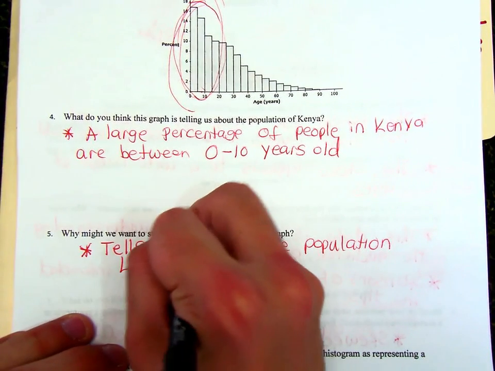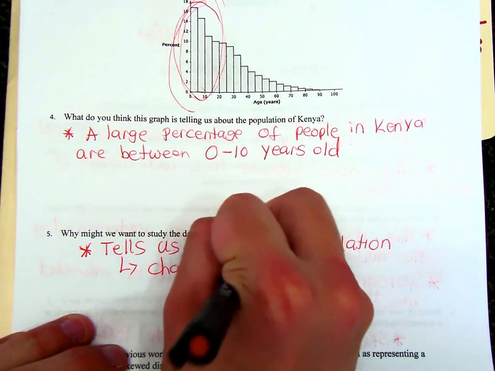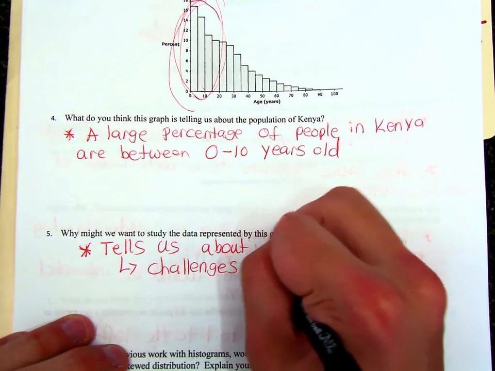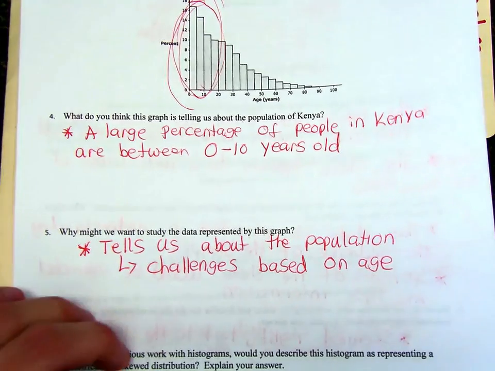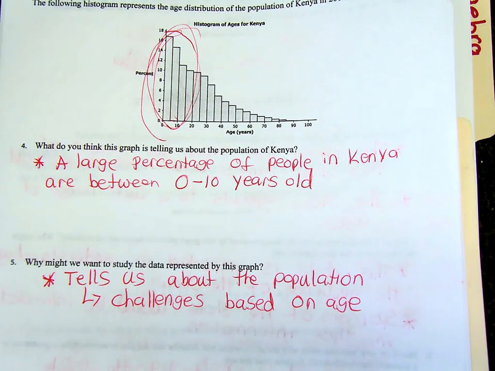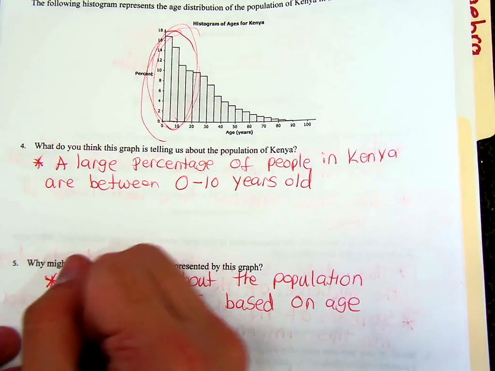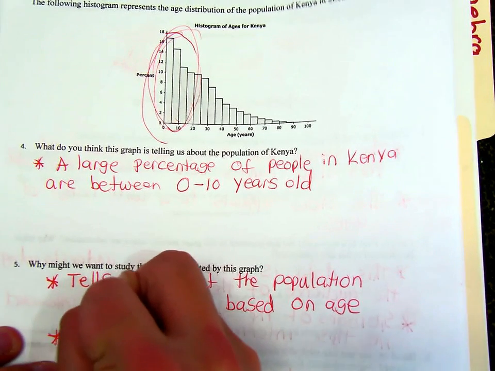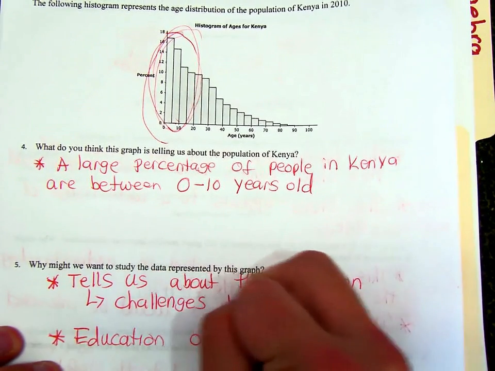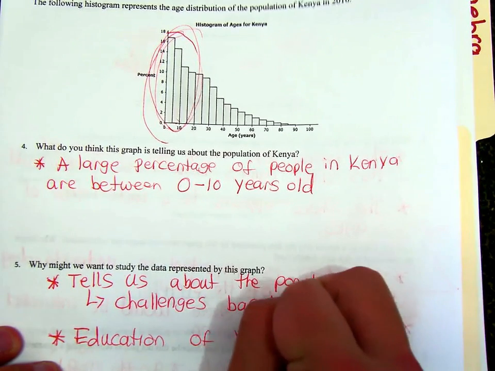This could give us some insight on some of the challenges they have in Kenya based on age. It seems like in Kenya, they may want to focus on the education of young people because they have such a large population of young people. So we could look at the education of the younger generation.